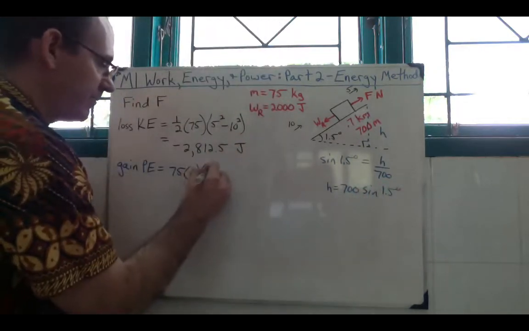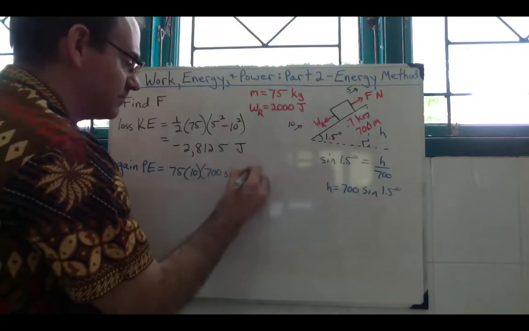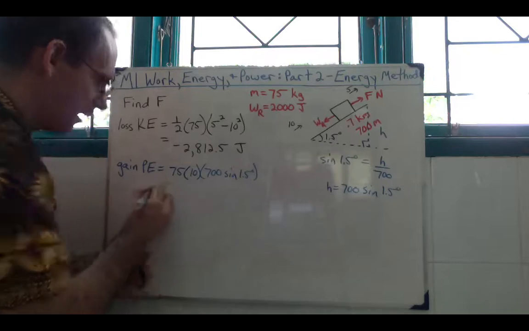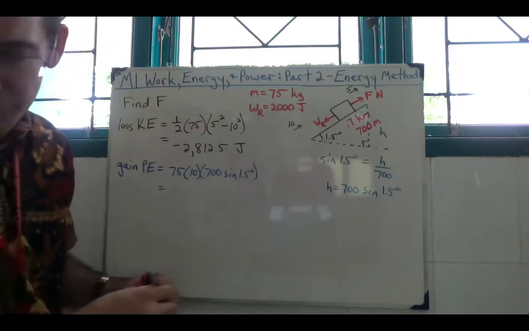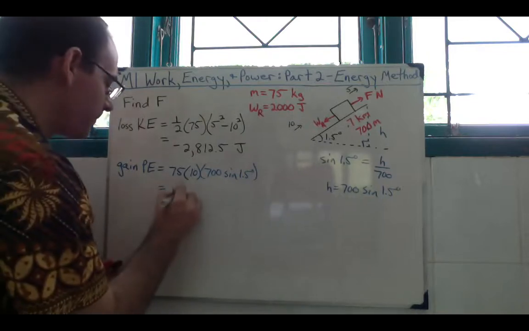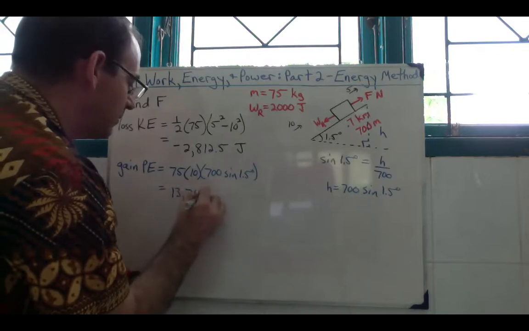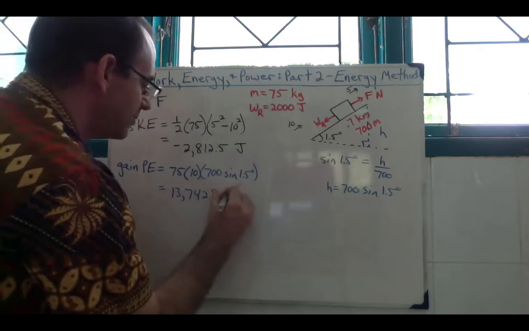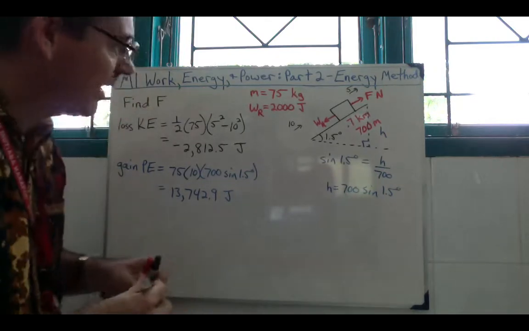So we'll just put that right here for the height. And our potential energy, when we calculate that, comes out to 13,742.9 joules, and it's positive because we gained elevation on that.